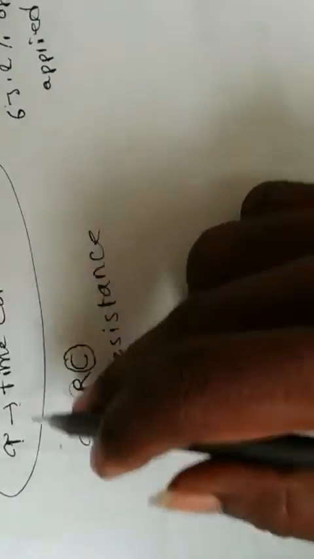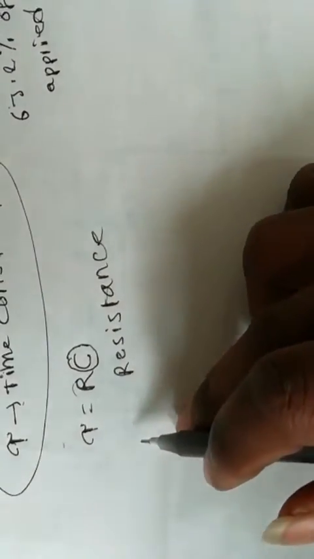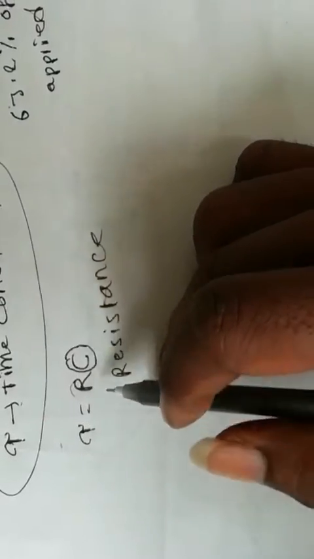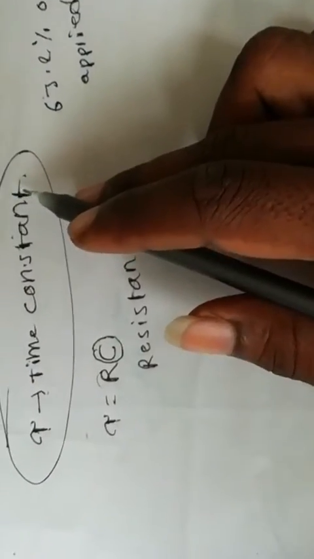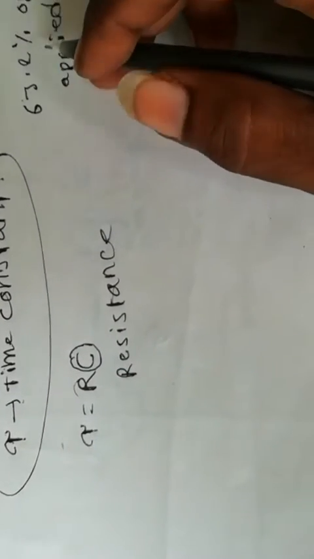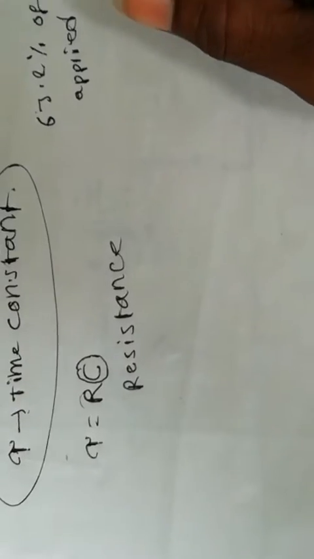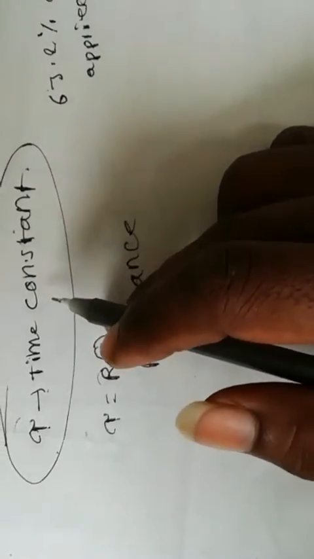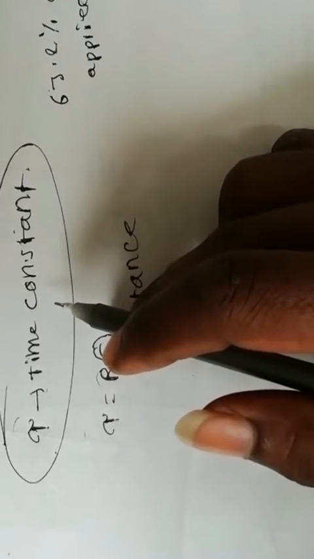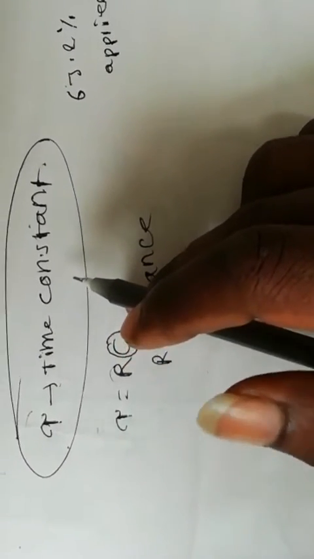Now we will see what we are doing by increasing or decreasing the time constant. What is a time constant? The time required to charge a capacitor such that it develops 63.2% of the applied voltage. If the time constant is more, the number of charges and discharges will be less.